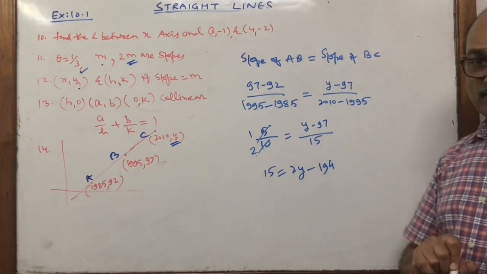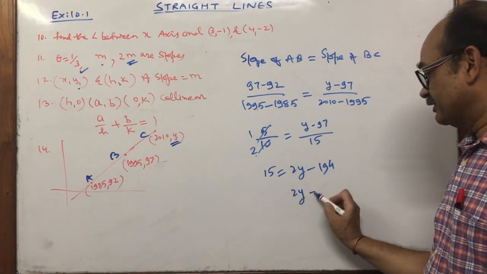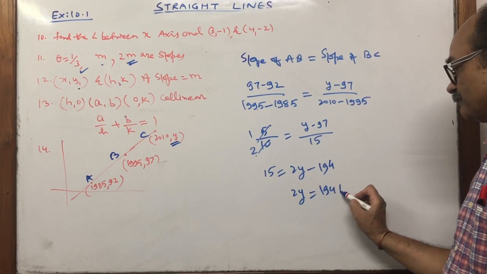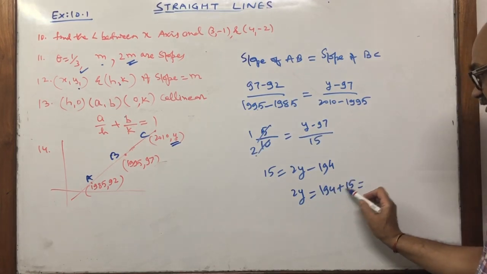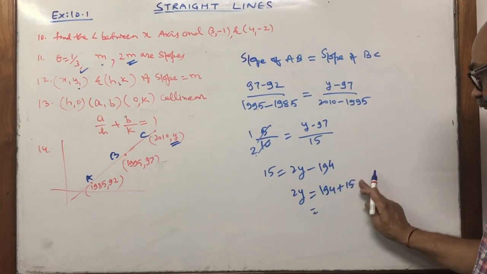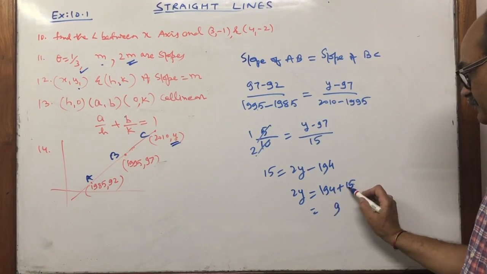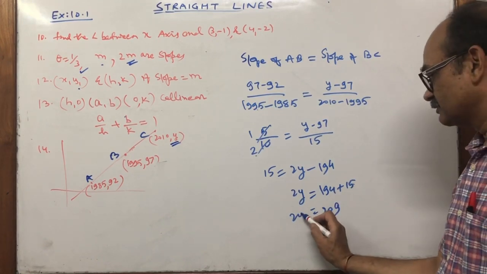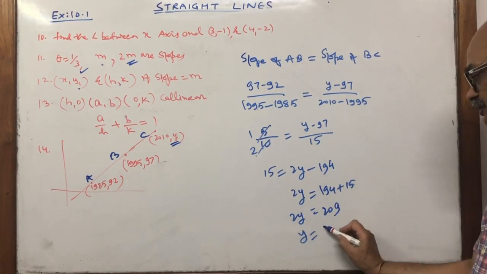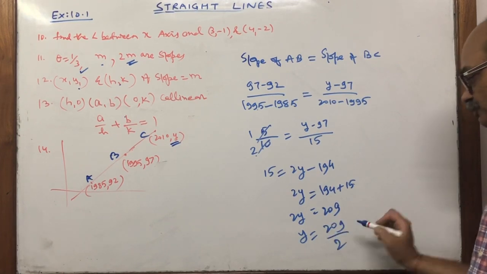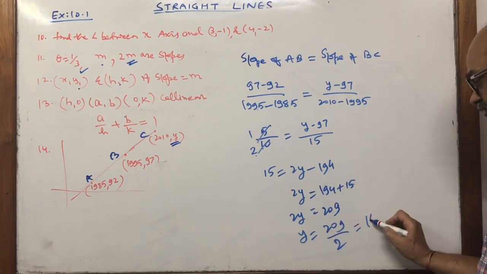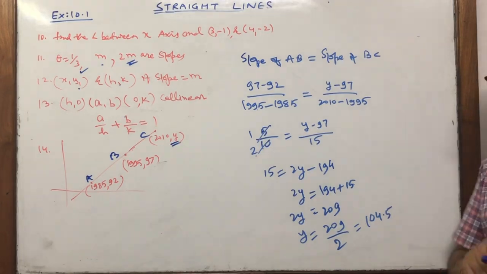We want to calculate only 2y. So 2y equals 194 plus 15, that is 209. y equals 209 divided by 2. It is nothing but 104.5.